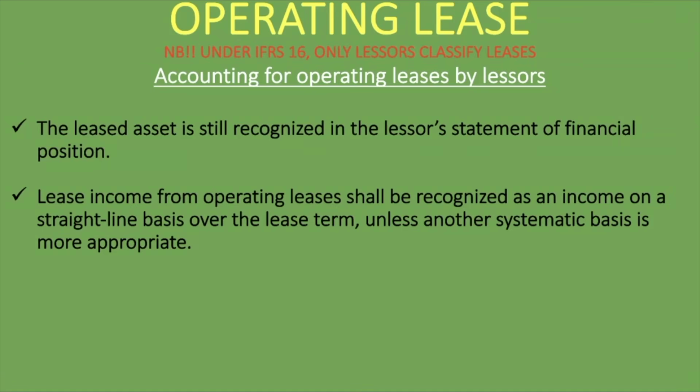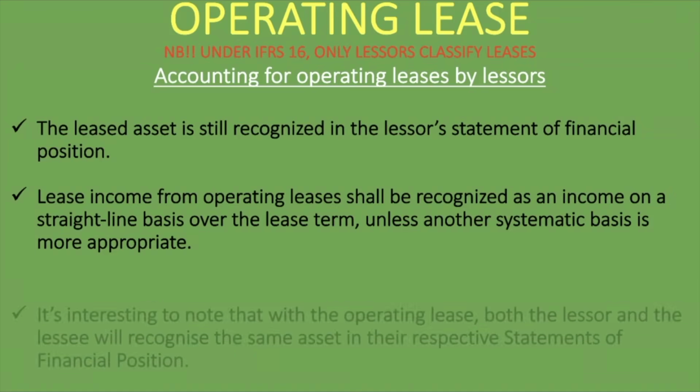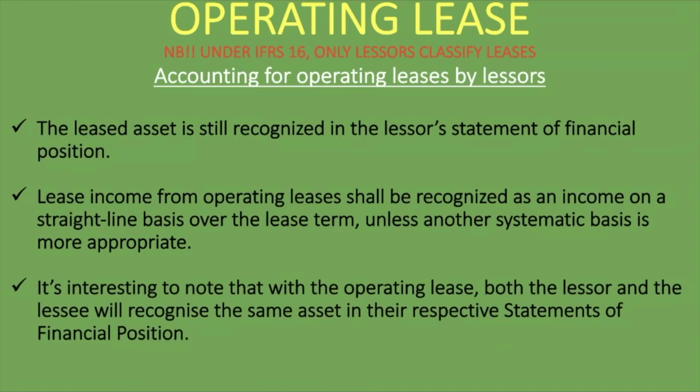But now with IFRS 16, unlike IAS 17, you will note that with the operating lease, both the lessor and the lessee recognizes the same asset in their respective statement of financial position. Remember, with the operating lease, because only the lessor classifies leases, the lessor is still recognizing the asset in its statement of financial position.